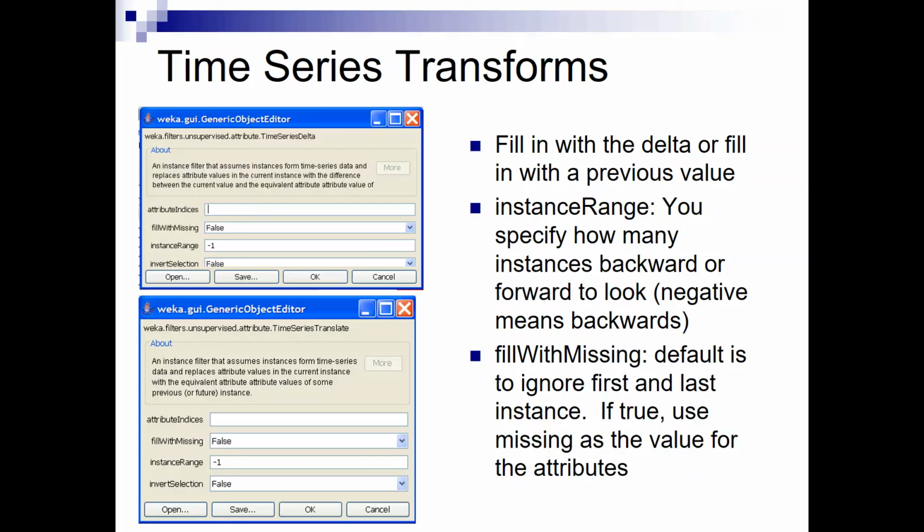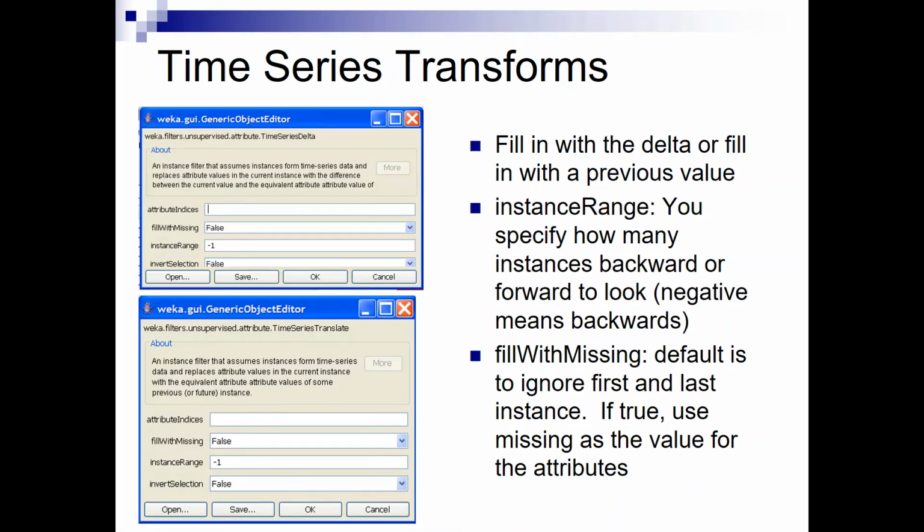So what you want to do before you do this is copy those features so that you can apply the transform to the copy and keep the original. That's why the first option in both of these cases is attribute indices. Underneath that is fill with missing.